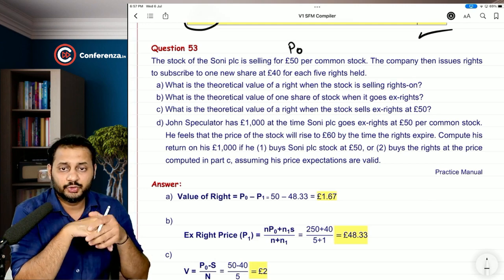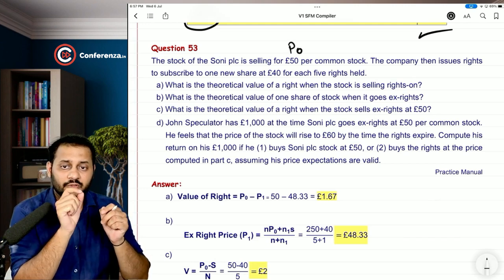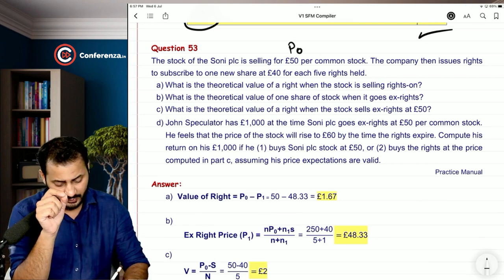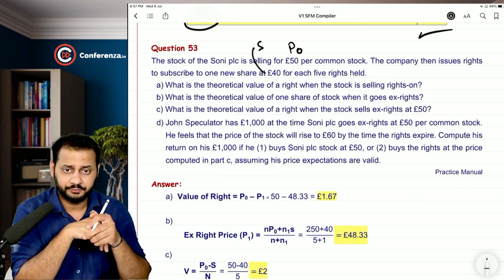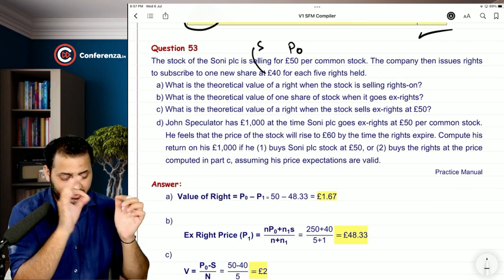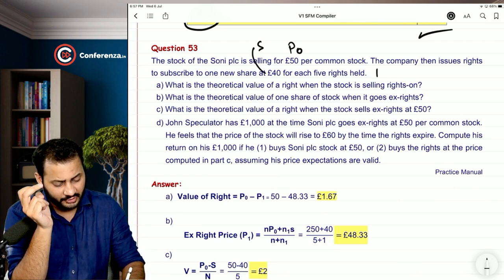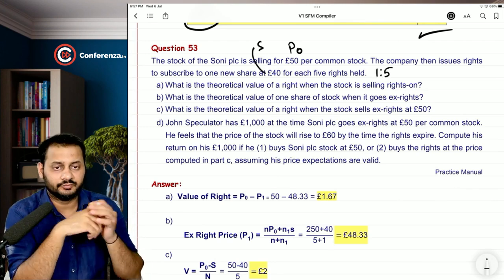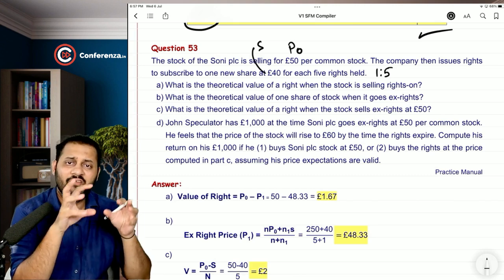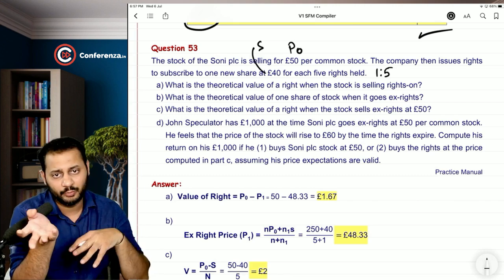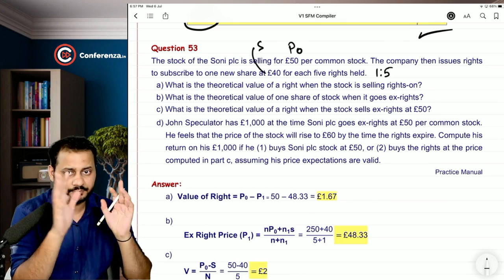The company then issues rights to subscribe to one new share at £40. This is subscription for each 5 rights held, or 5 shares held. The ratio is 1:5. So if you have 5 shares with you, you can buy one more share at £40.